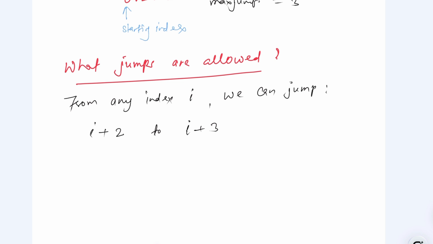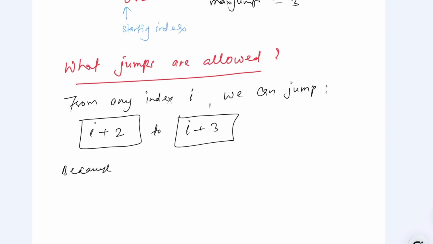So we can jump from i plus 2 to i plus 3, because the min jump is 2 and the max jump is 3. This is what we have been given, right?